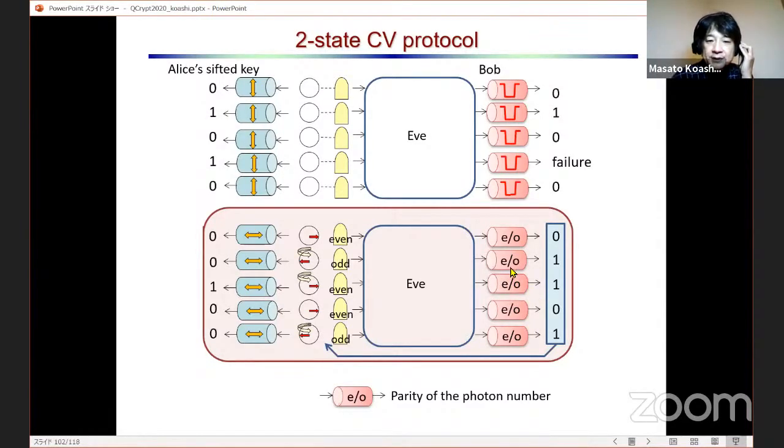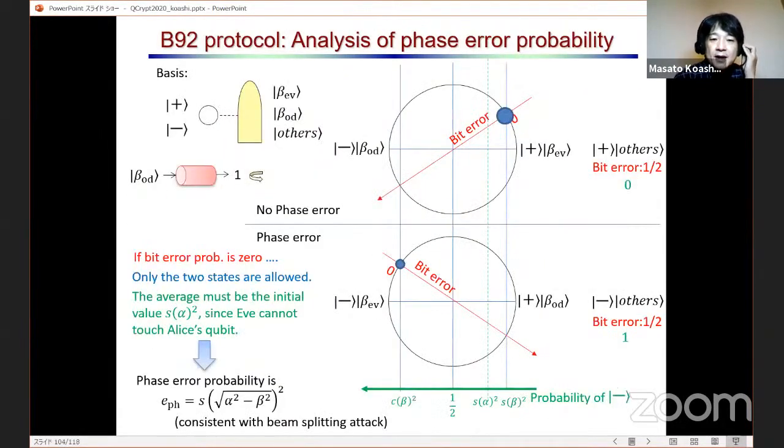Up to this point, it is okay. But in the case of B92, you have to do this kind of phase error probability analysis. And here you have to use the observed amount of bit error to determine the phase error.